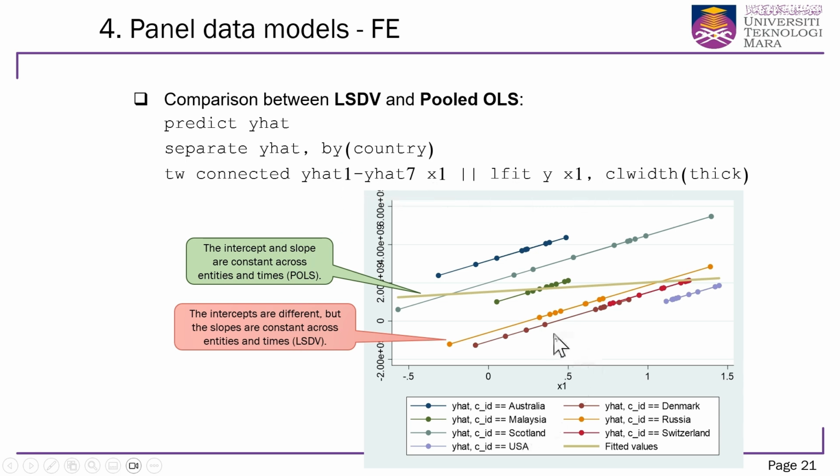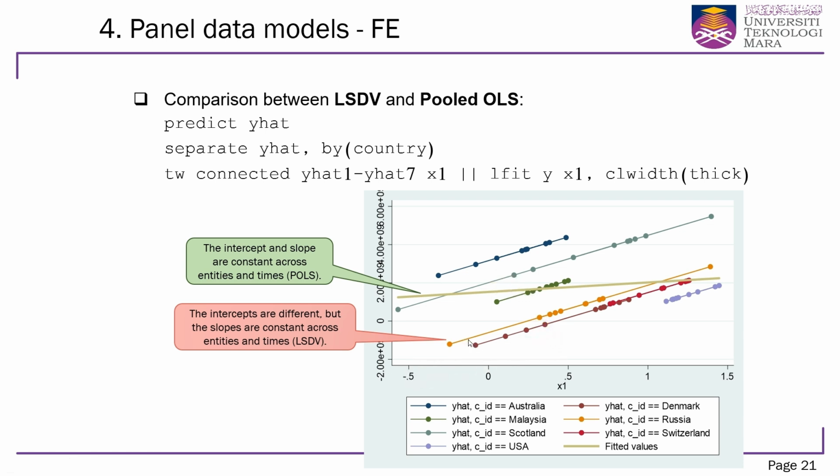From this graph, we can clearly see the lines with dots here are the individual countries' fitted lines for the LSDV model. And these fitted lines apparently have different intercepts. So if you extend these lines to the y-axis, you can see each of the 7 fitted lines has a different intercept.